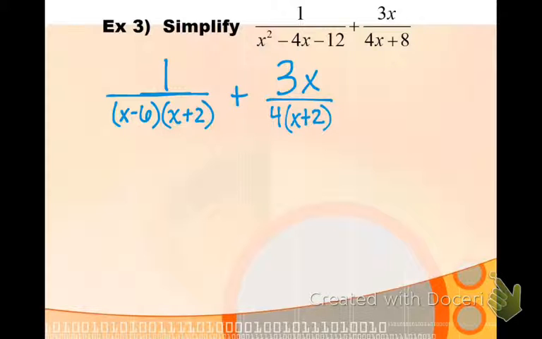Now, you might notice that I wrote this a little bit in the middle of the slide so that I still had room to write on either side of it. I did that for a reason. After we have factored out our denominators, you could identify your least common denominator using the steps we were doing on the last couple problems.